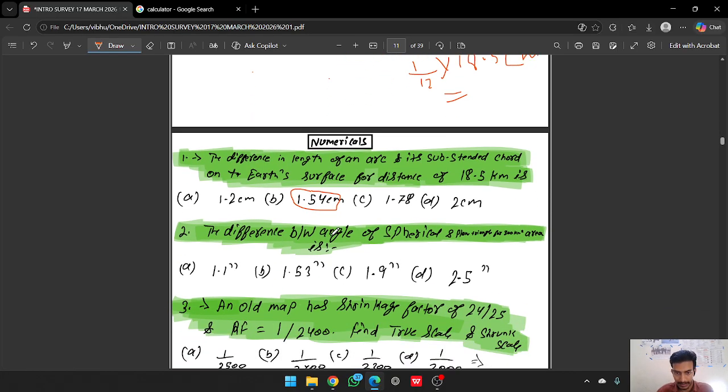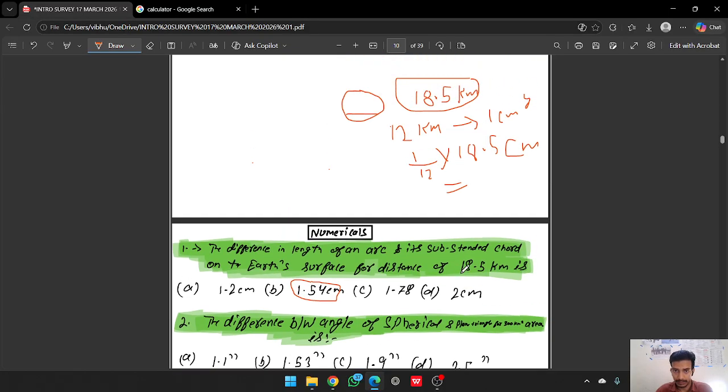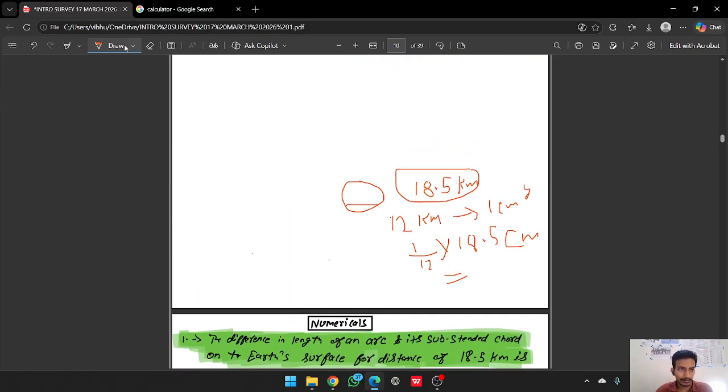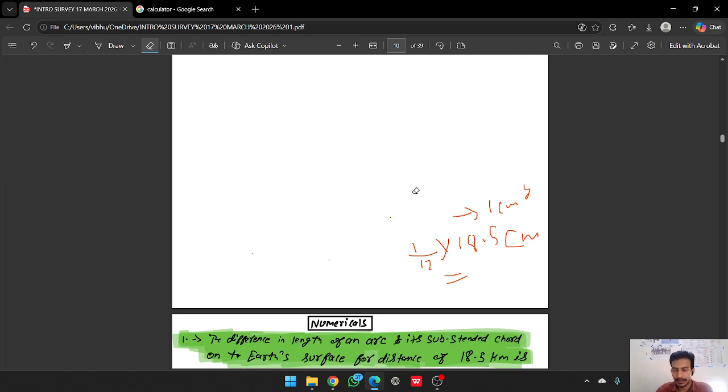The difference between angle of spherical and plane triangle of 300 square kilometer area is so simple. Here also we already know the formula.